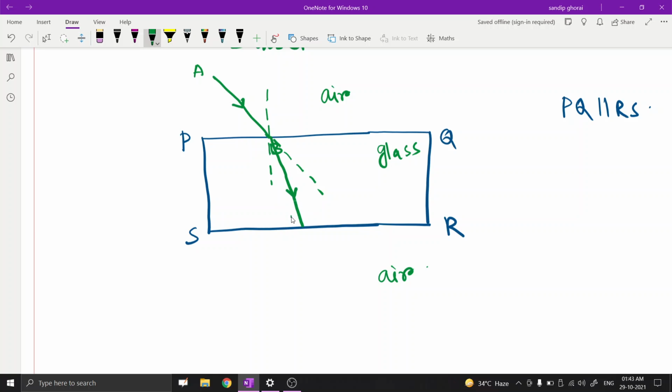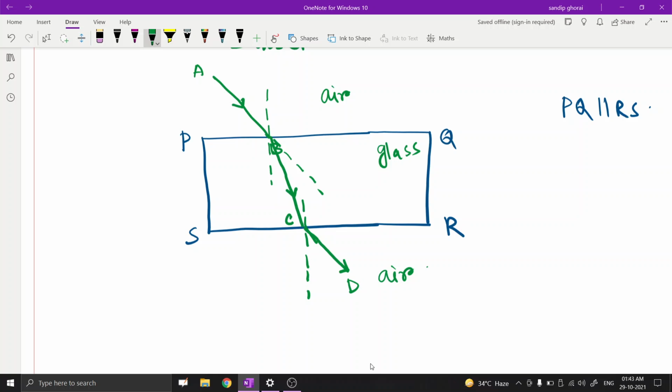This is the BC ray, and BC is incident on the surface SR at an angle. In this case, for the SR surface, BC is the incident ray, and it travels from glass to air medium, that means denser to rarer medium, and we get a refracted ray which is away from the normal. This is your CD.